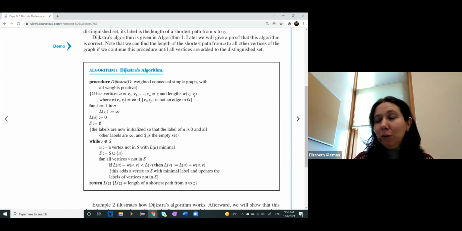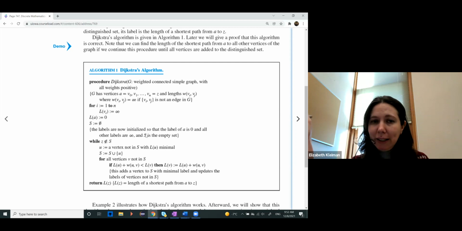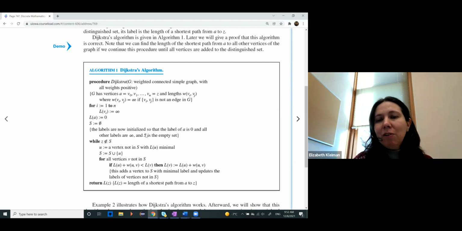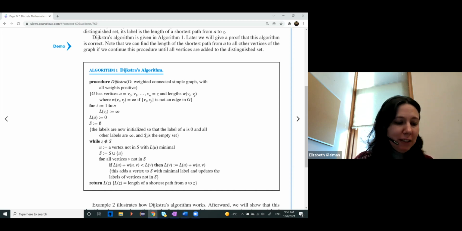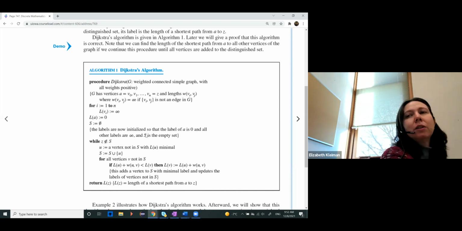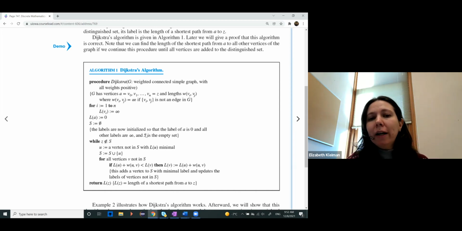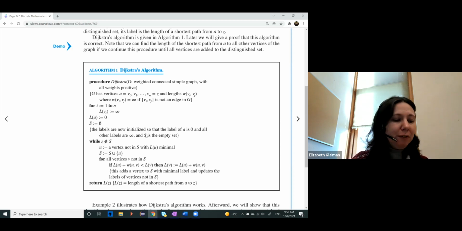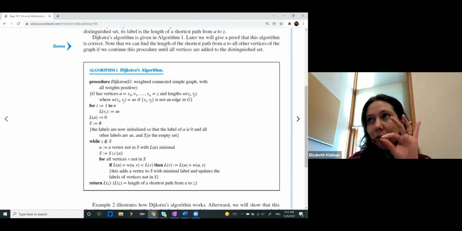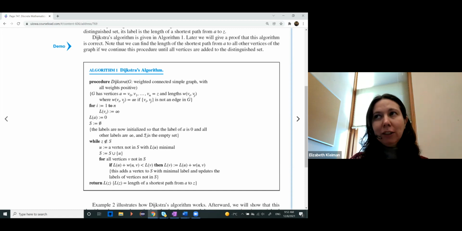So what we're going to do is go from i equal 1 to n, the number of vertices, and set L of Vi to be infinity. So we put infinity on every single node. Now I have L, a special function, with infinity for every node.